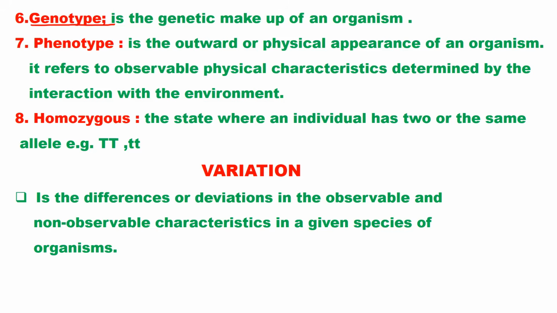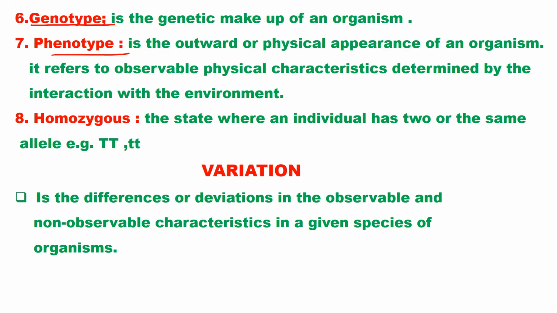Then now the phenotype. Phenotype is just the outward or physical appearance of an organism. Of course, it refers to observable physical characteristics determined by the interaction with the environment. In other words, the phenotype is what you are able to see, the physical or outward expression of the genes.